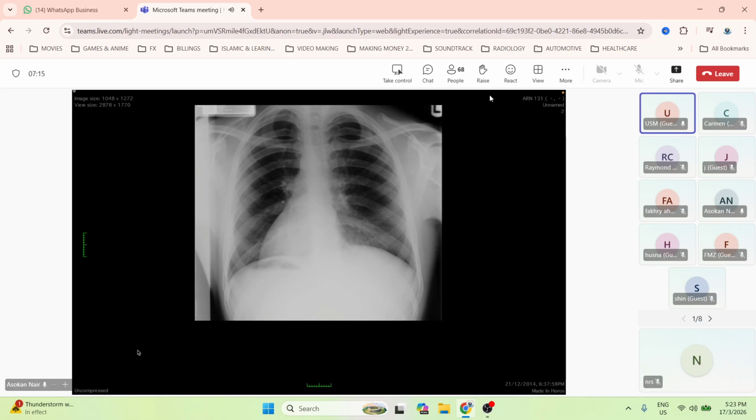The lungs and bones, there is no perforation. So my question would be dextrocardia with lower zone opacity. My differential would be Kartagener and also situs inversus.